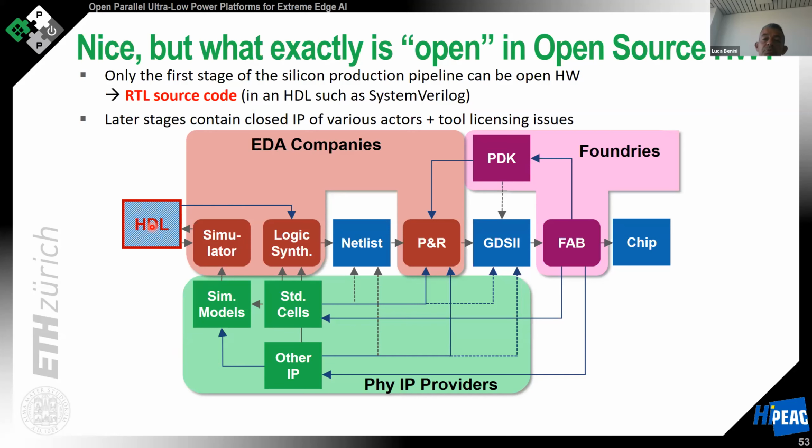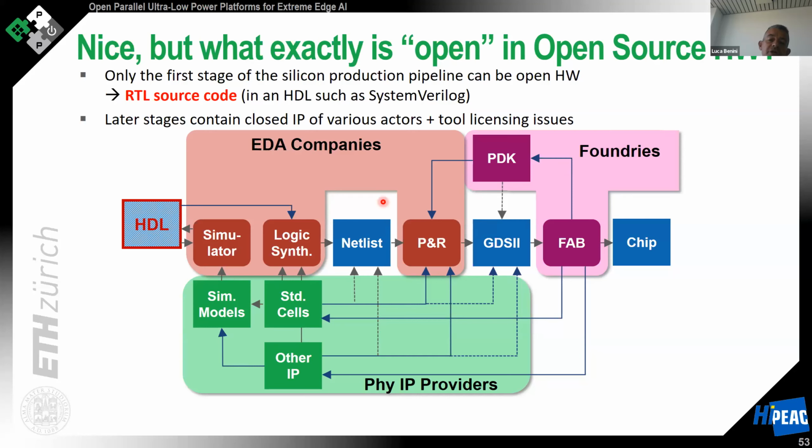Now, things are improving. You may have seen the announcement from FOSSI last week that there is a flow that is all made of open source components across all this hardware stuff that is traditionally not open source. However, this flow is for a very simple technology, 130 nanometer technology.